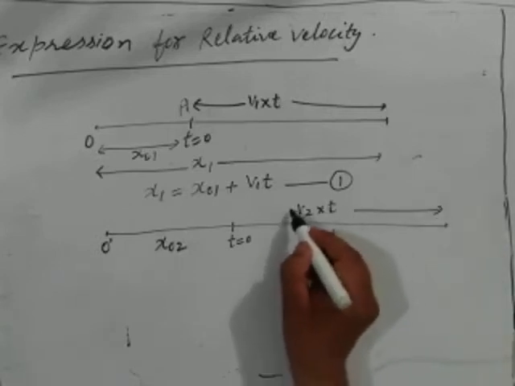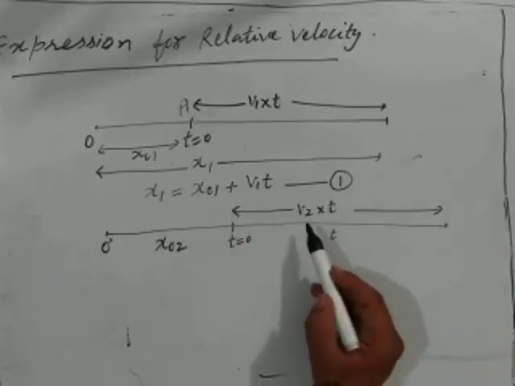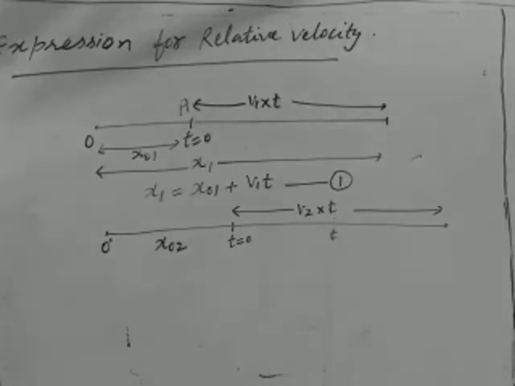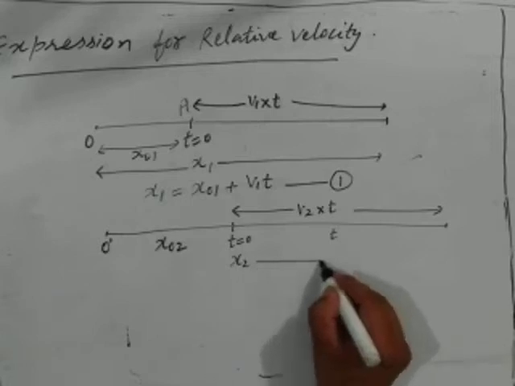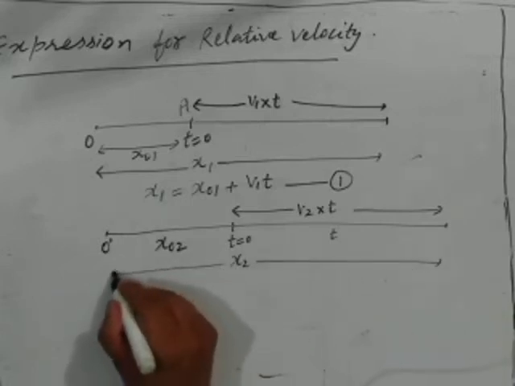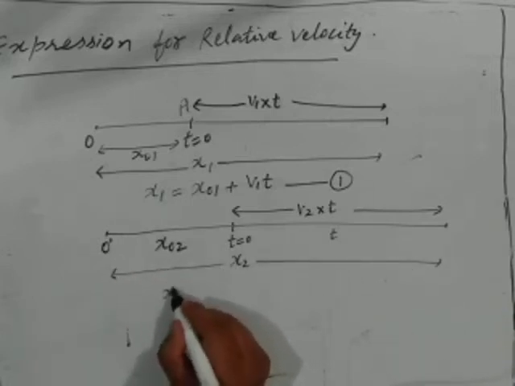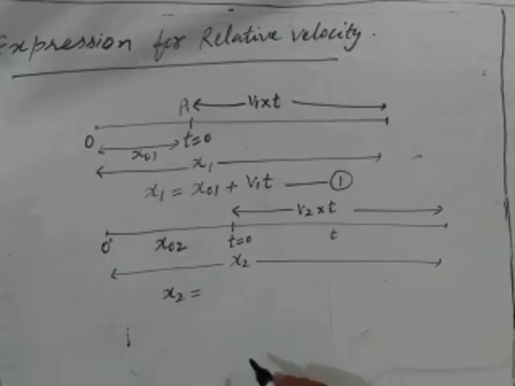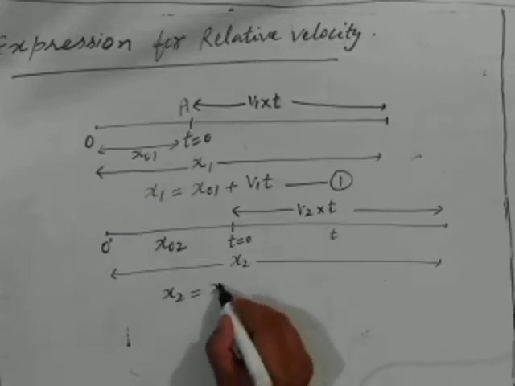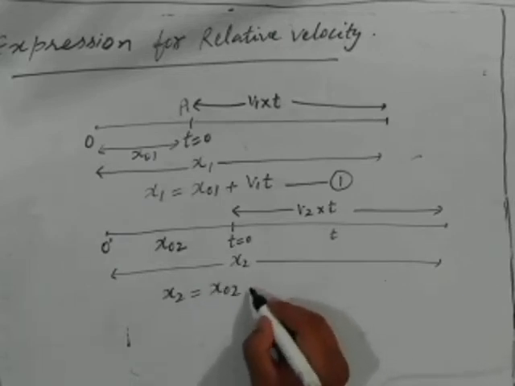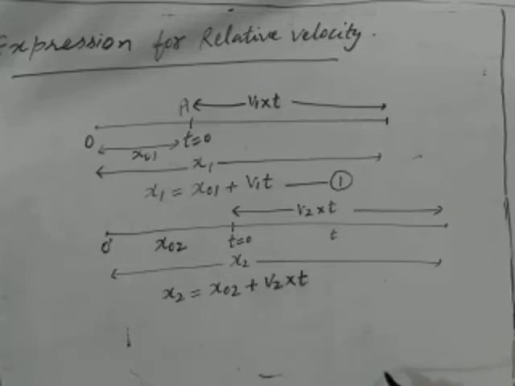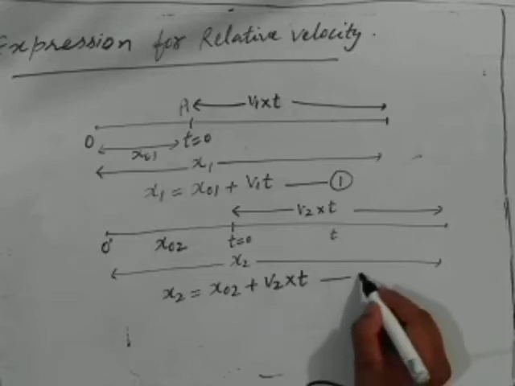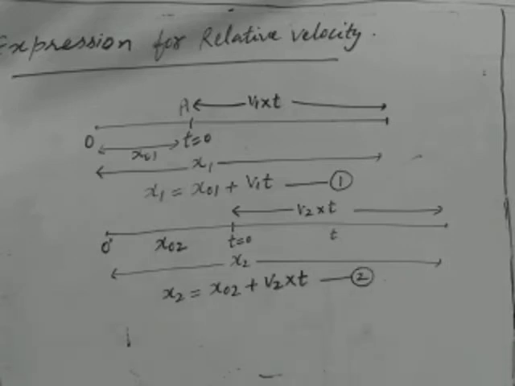If it moves with a uniform velocity v2 for time t, hence the total distance from the origin can be written as x2 equal to x02 plus v2 into t. That can be written as equation number 2.